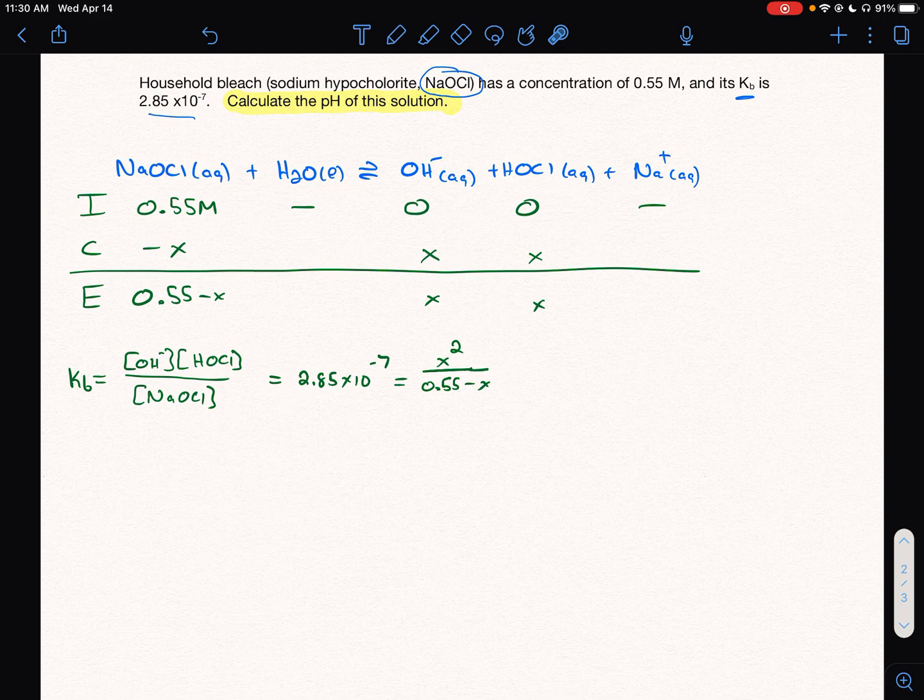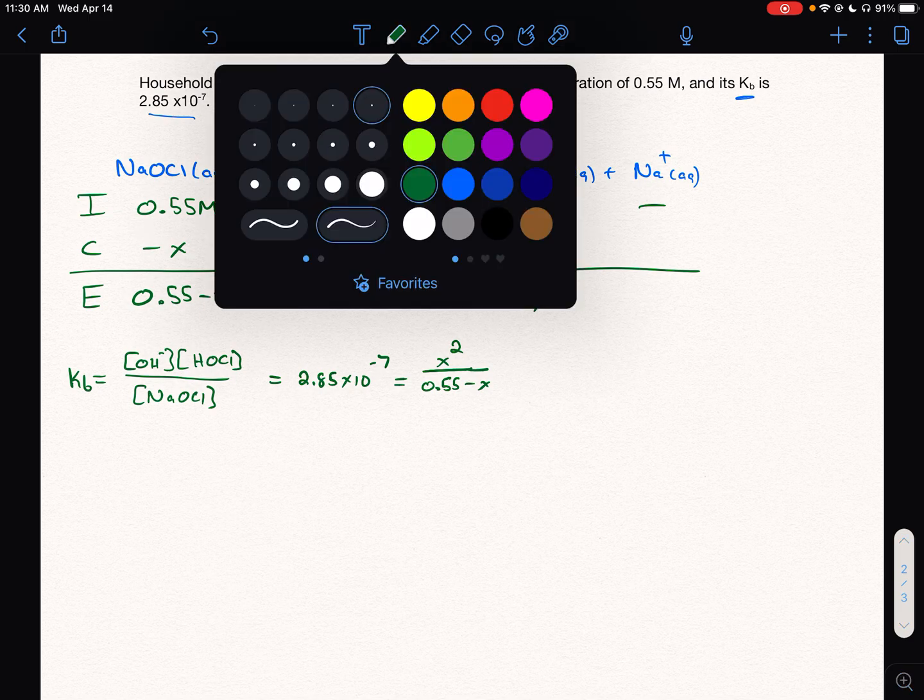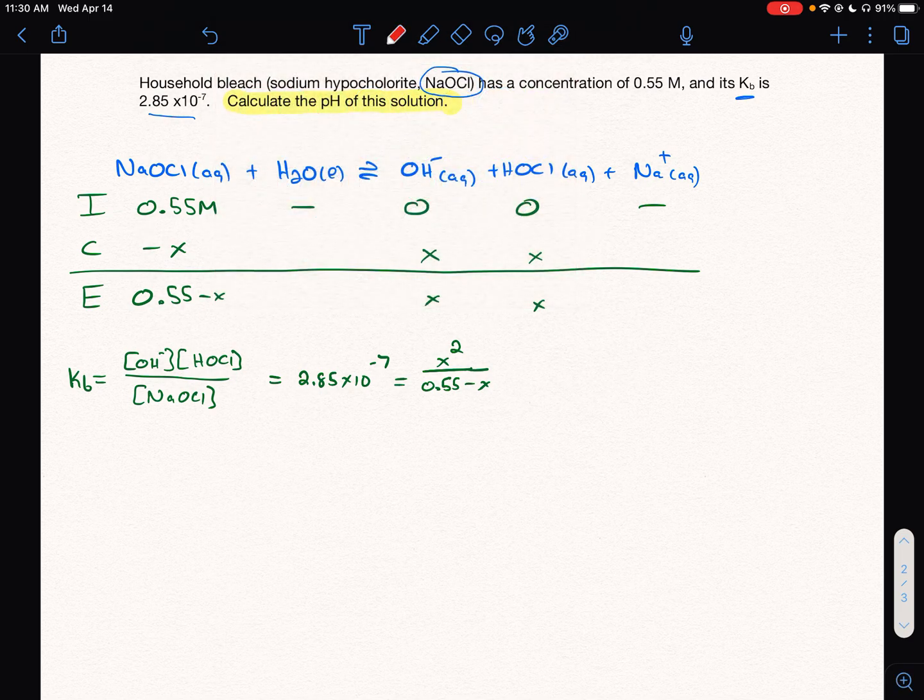But before we do that, let's just back up and think about how we're going to get to pH. If we go back up to our ice table, what's important to recognize here is that we have defined X to be the concentration of hydroxide at equilibrium. So X is going to be equal to the concentration of hydroxide.